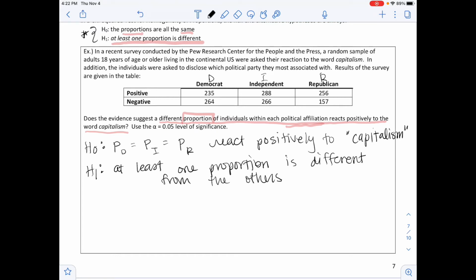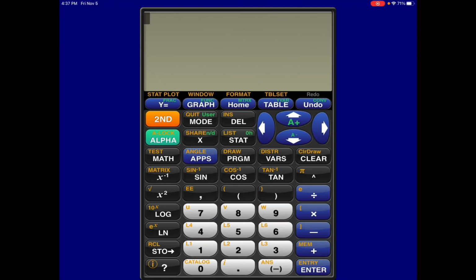We need to put these data values into a matrix. And again, we're going to call this matrix A, and matrix A is 2 rows by 3 columns in size. We're going to put the numbers into matrix A and then use our chi-squared test. On our graphing calculator, we put our data first into our matrix.